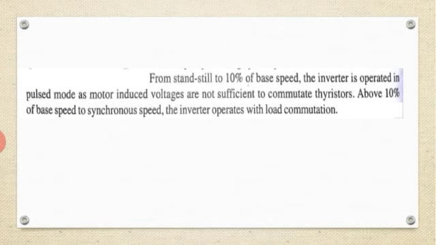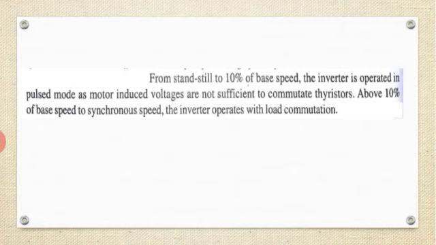Then above 10% of the base speed, the inverter operates with load commutation, because at that time sufficient back-induced voltage is available, and it will turn off the thyristors. So we say that load-commutated operation is done.